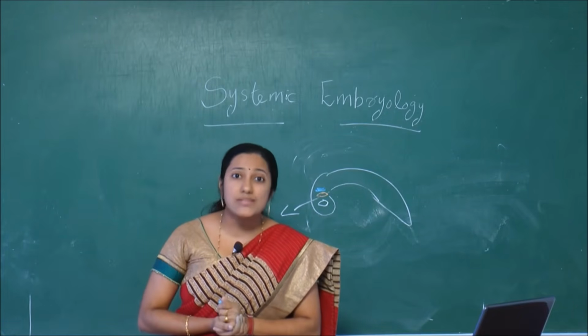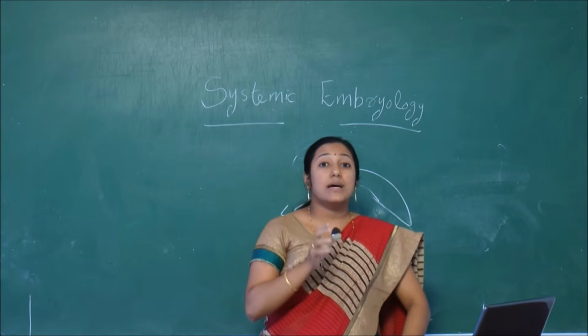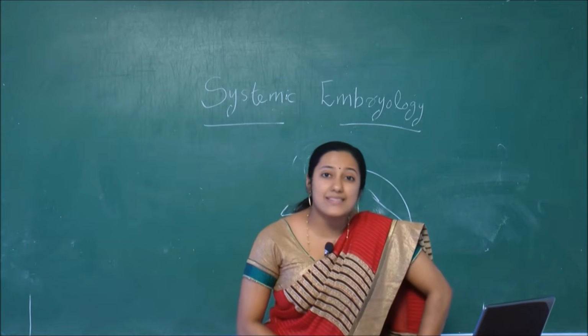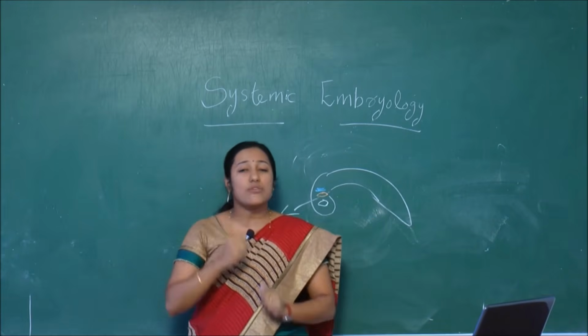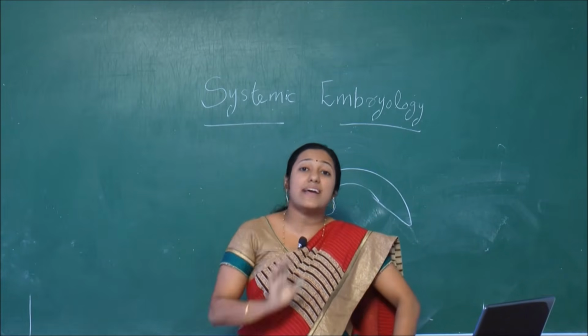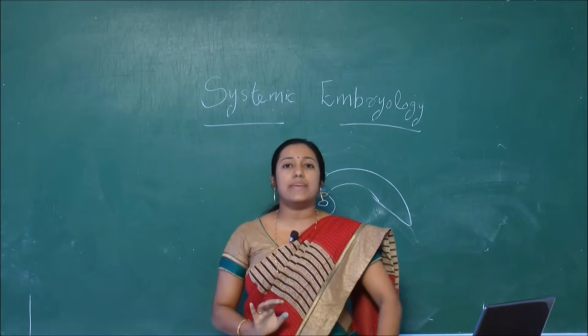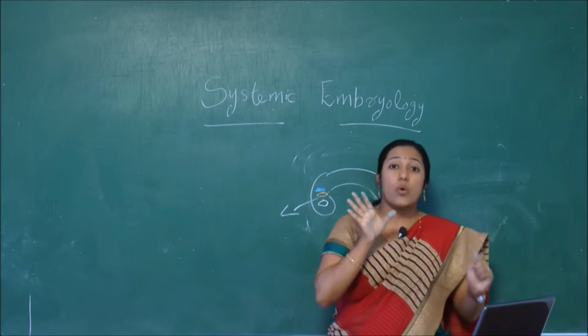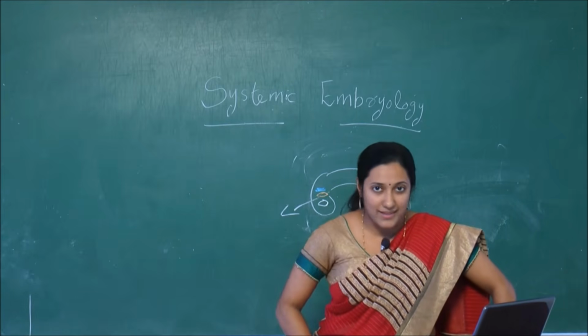Also, according to some authors, it will get contribution from the mesentery of the esophagus. So we know in the center from the foregut there is the esophagus. So this esophagus mesentery. What is mesentery? Everything we will study later. For the time being, just remember the diaphragm is also getting contribution from the mesentery of the esophagus.